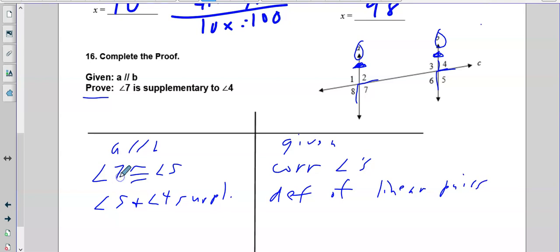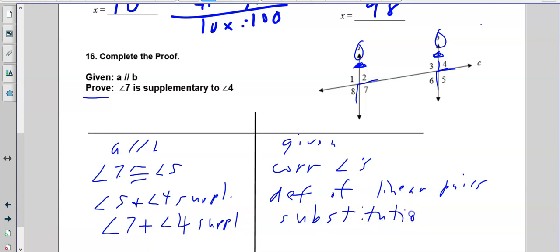Well, if 7 is congruent to 5, and 5 and 4 are supplementary, then we know angle 7 plus angle 4 are supplementary by substitution. Okay, we substituted right there, 7 for 5.